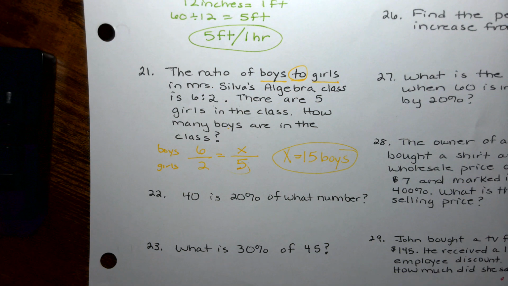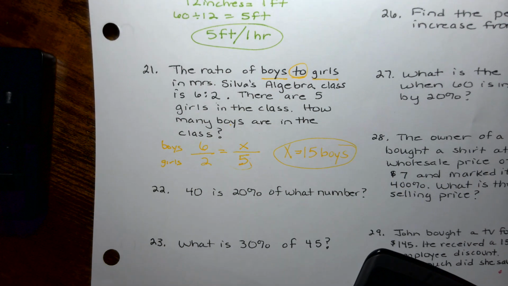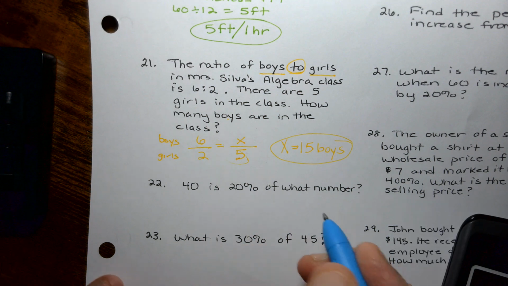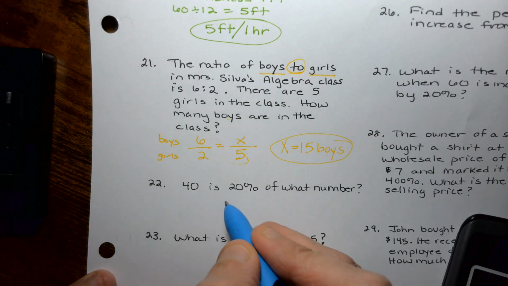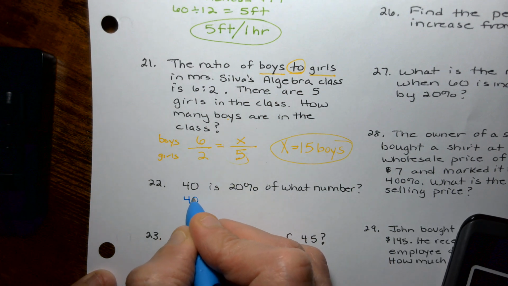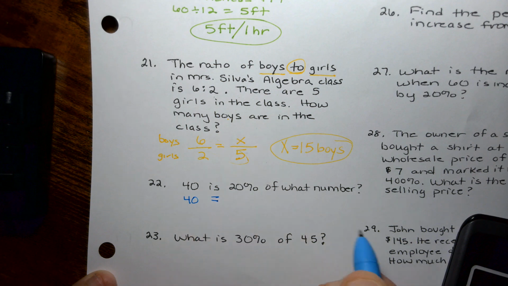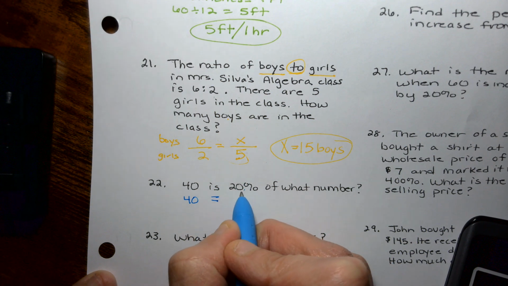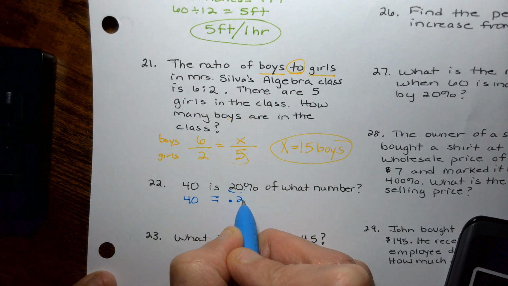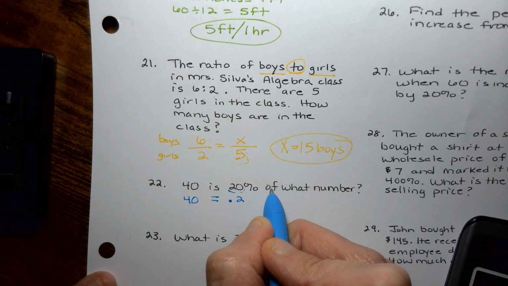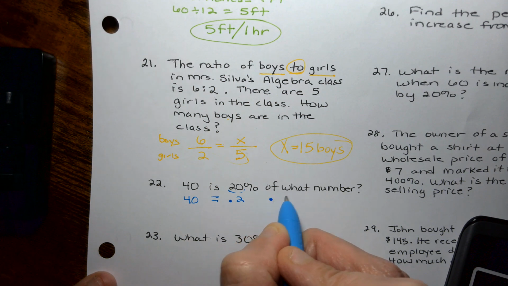When we get to this, let me get my calculator out. You're able to use your calculator for these. So we are going to take this and make it into an equation. So 40 is simply 40. Is means equal. 20%, you move the decimal 2 spots, and it's 0.20 or 0.2. Of is multiply, and what number is x?